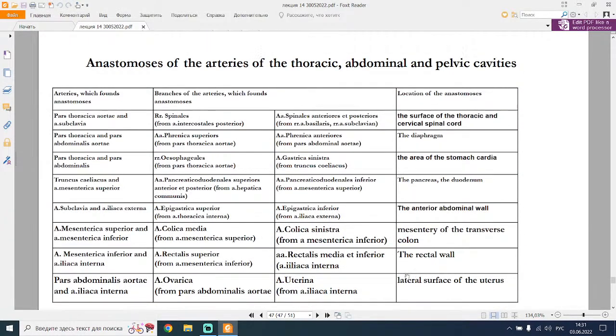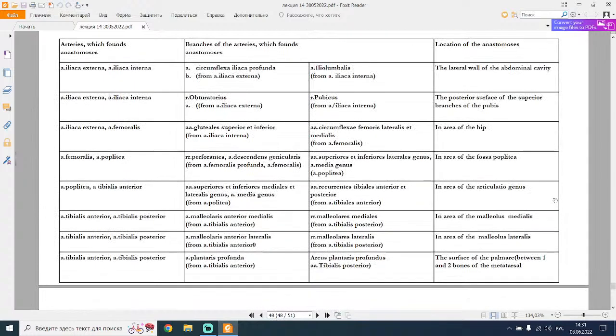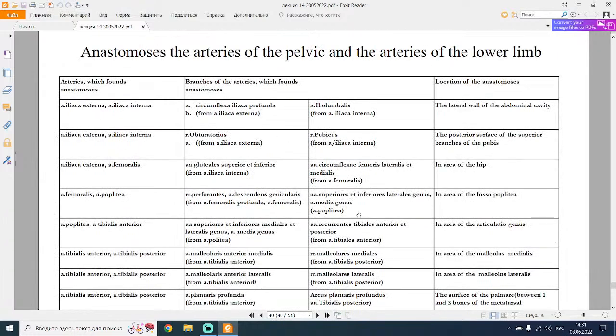These are the anastomoses of the arteries of the thoracic, abdominal, and pelvic cavities. Next table, anastomosis of the arteries of the pelvis and arteries of the lower limb.